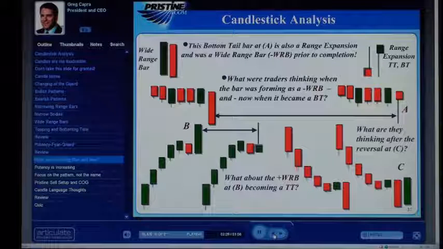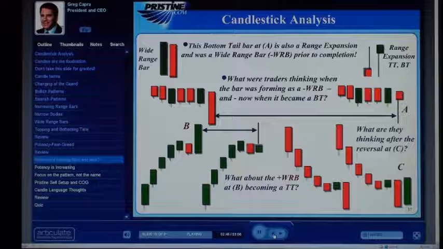So the message here is that momentum traders got caught on the wrong side of the trade, and now they are most likely going to sell if it trades under those bars' lows. This is how you can increase the odds significantly when trading against the trend.